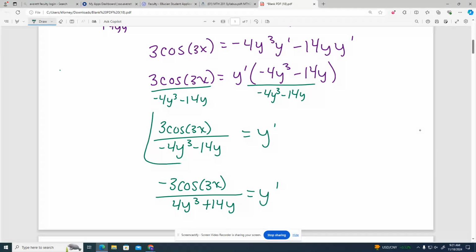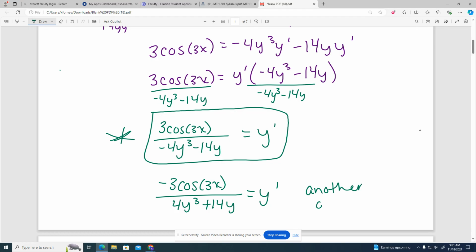But this is fine, and most people would stop here. But this is another option. They are completely the same, completely equal. Okay, I just want to show that.